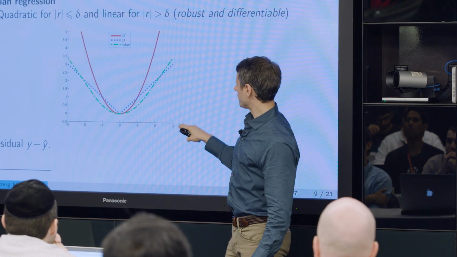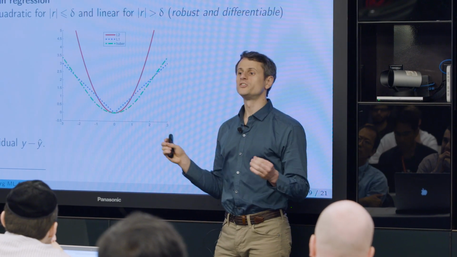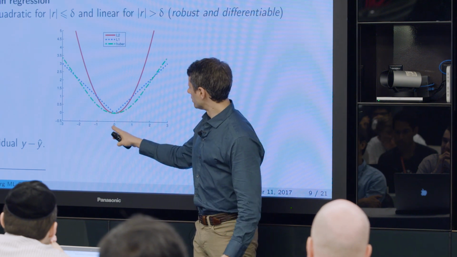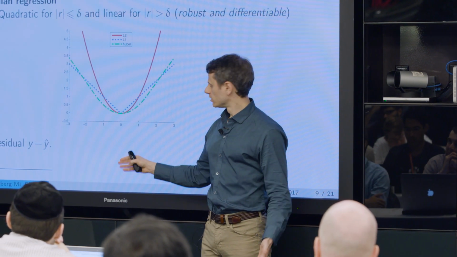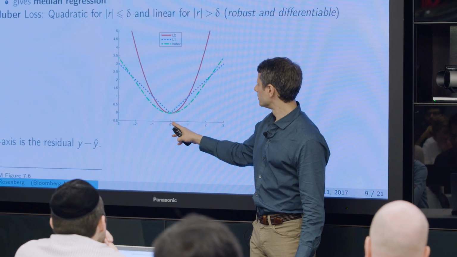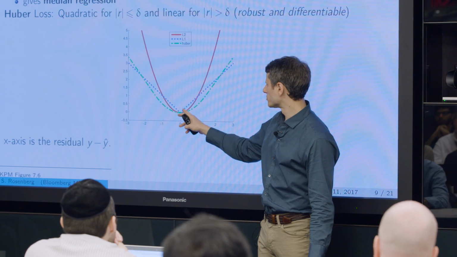So what this graph is, on the x-axis is the residual, right? Because this is a distance-based loss. The loss only depends on the residual. So the residual of 0 means no error. So here, the y value gives you the loss of each of these three loss functions in terms of the residual. So at 0, the loss is 0.